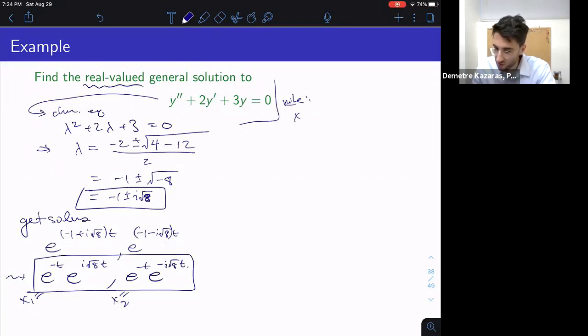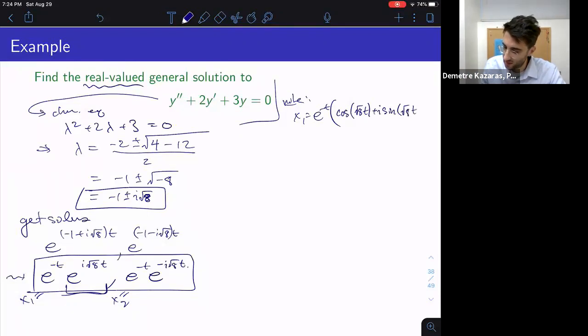Using Euler's formula, x1 is equal to e to the minus t, and now let's take this exponential and use Euler's formula on it. This is just cosine of root 8t plus i sine root 8t. That's a complex expression, we still got i's. We haven't done anything yet, we just used Euler's formula.